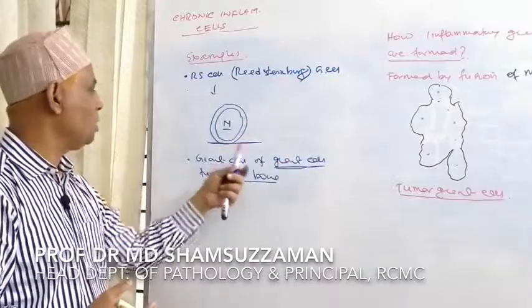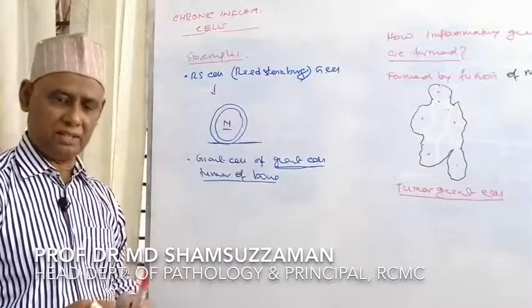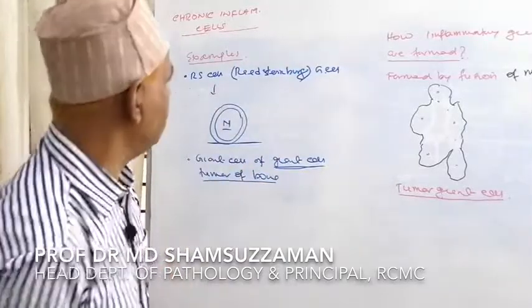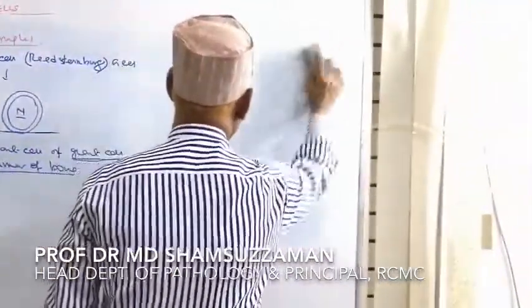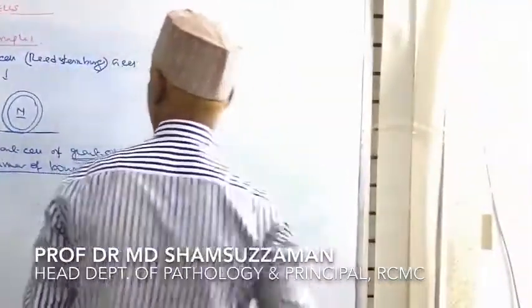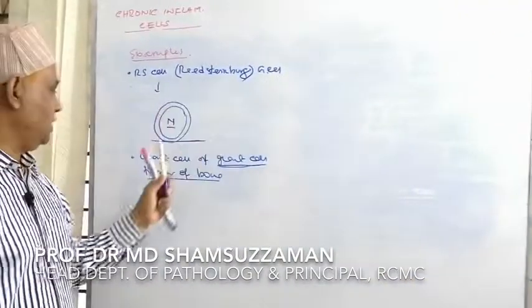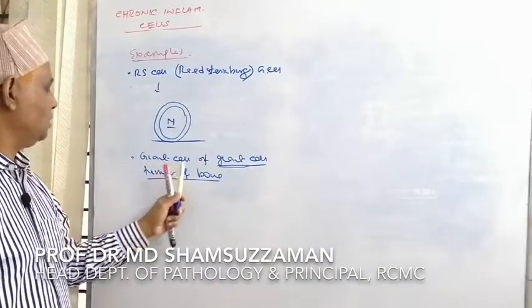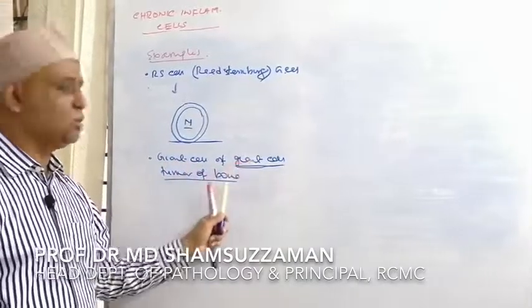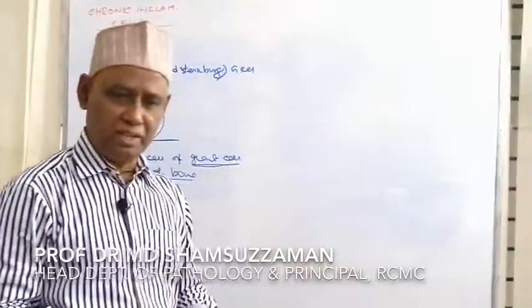So giant cell of giant cell tumor of bone is an example of tumor giant cell. So RS cell and giant cell of giant cell tumor of bone are the examples of tumor giant cells. RS cell is found in Hodgkin's lymphoma, and the other giant cell is found in giant cell tumor of bone. Now come to how tumor giant cells are formed.